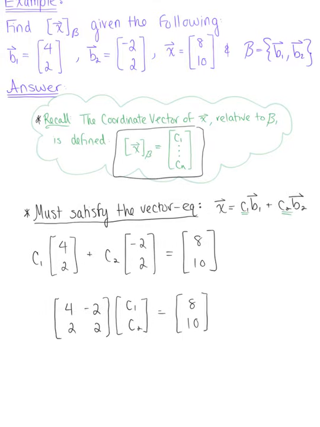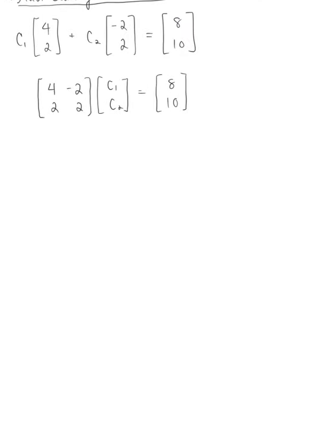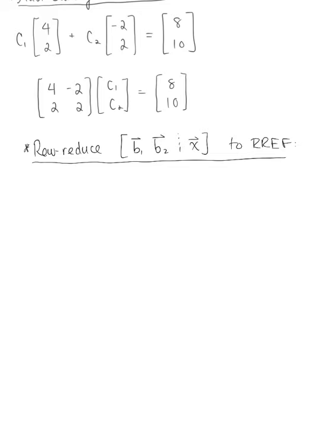So now to find these coordinates c sub 1 and c sub 2, we can row reduce the augmented matrix, where the column vectors are defined as b sub 1, b sub 2, so there's our matrix A, and we're augmenting this with vector x. We want to row reduce this to row reduced echelon form to find the coordinates of vector x relative to b. So here we go.